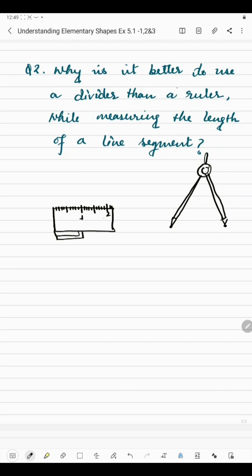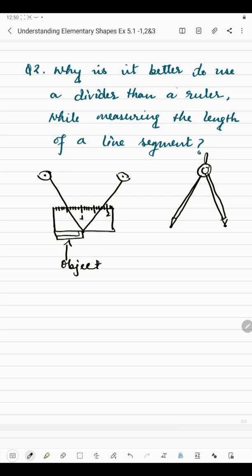So this is our scale and this is the object which is to be measured. Now suppose if our eye is here, then from here we are looking at it, or if your eye is here, then from there we are looking at it.